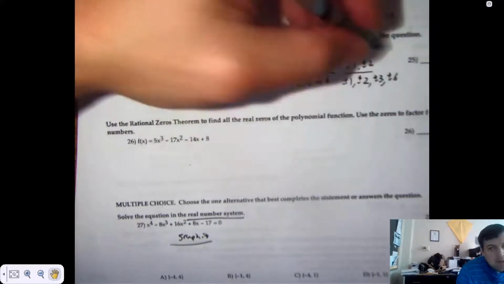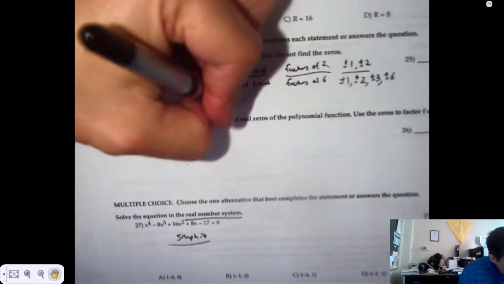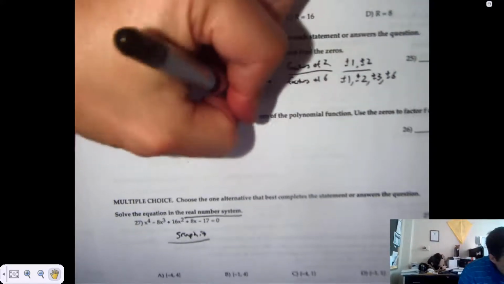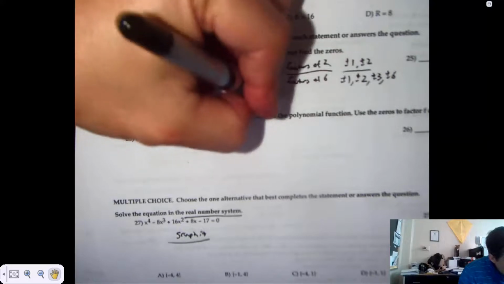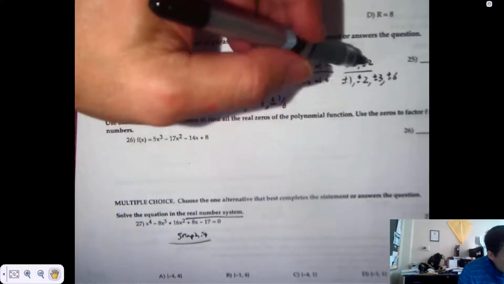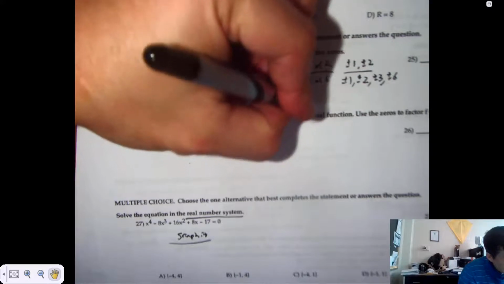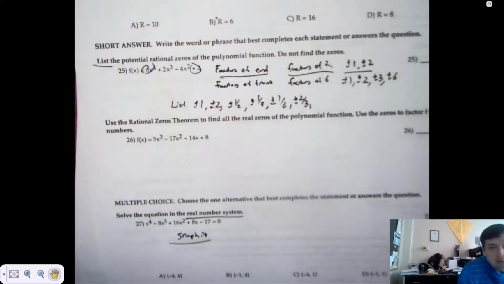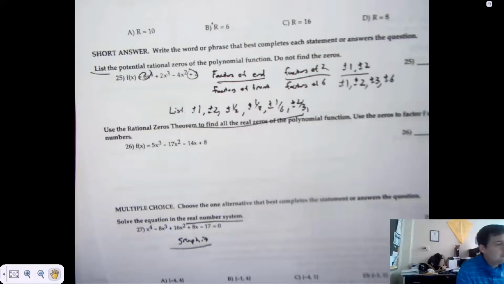Now you just do your division. So your list is going to be 1 over 1, which is 1, 2 over 1, which is 2, 1 over 2, which is a half, 1 over 3, 1 over 6. You'll do 2 over 1, 2 over 2, which is 1, 2 over 3 is new, and then 2 over 6 is a third, which is already done. So there's your list.